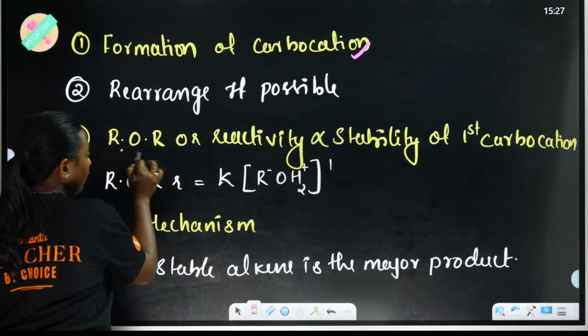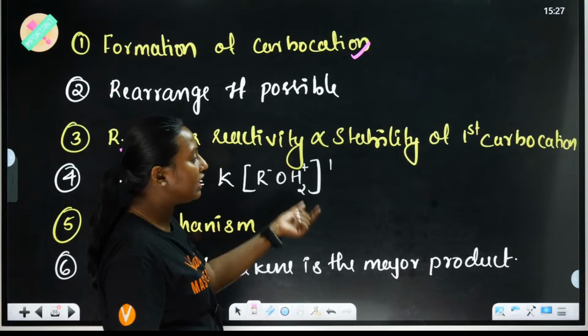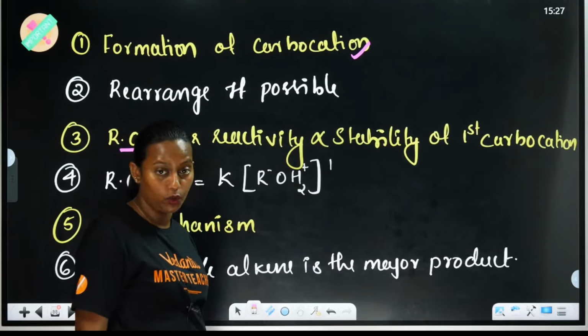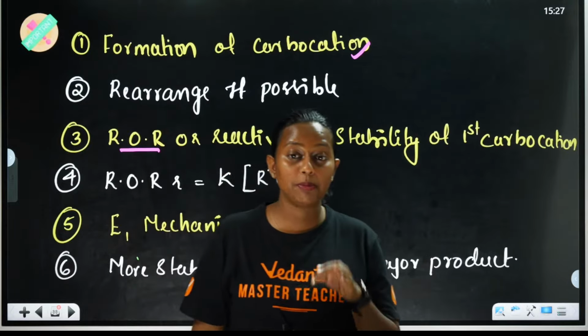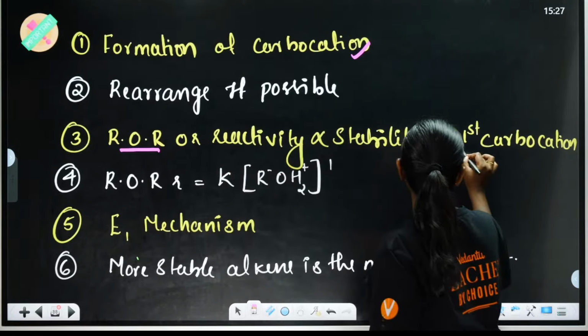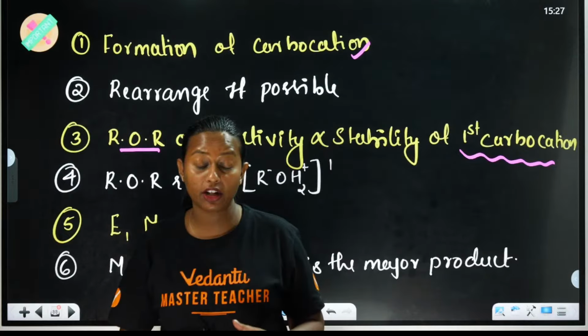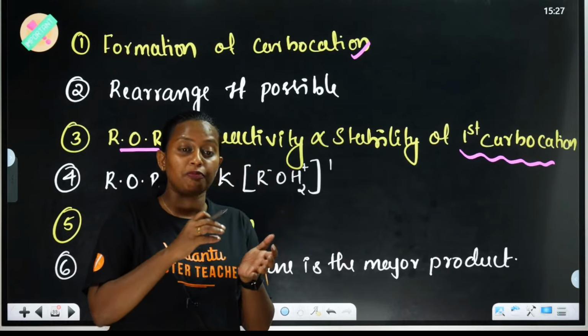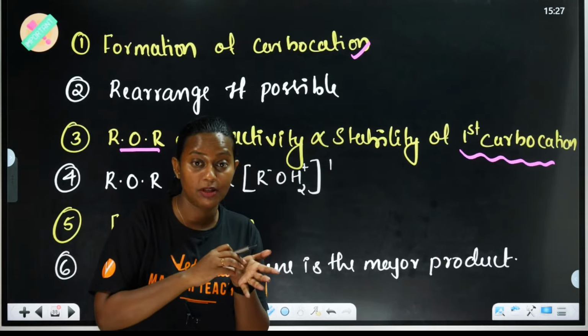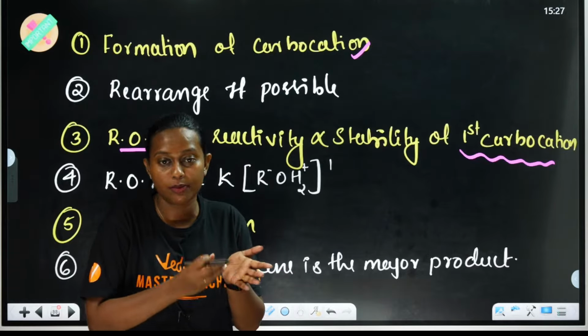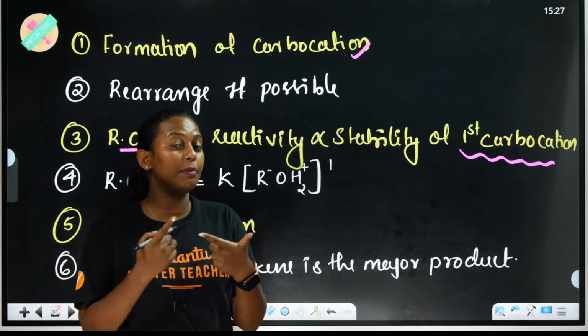Then rate of reaction or reactivity is directly proportional to stability of the first carbocation. What is the first carbocation? If rearrangement is possible, it will form a more stable carbocation.